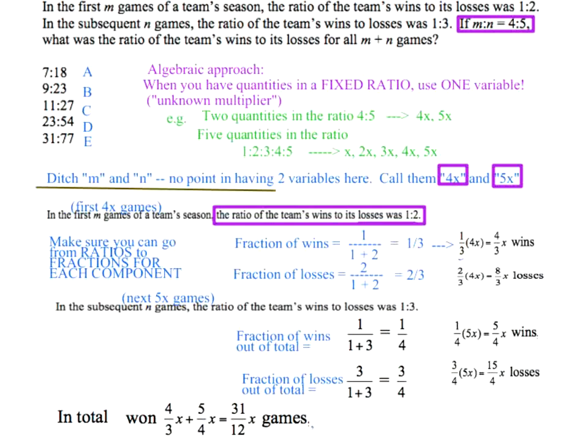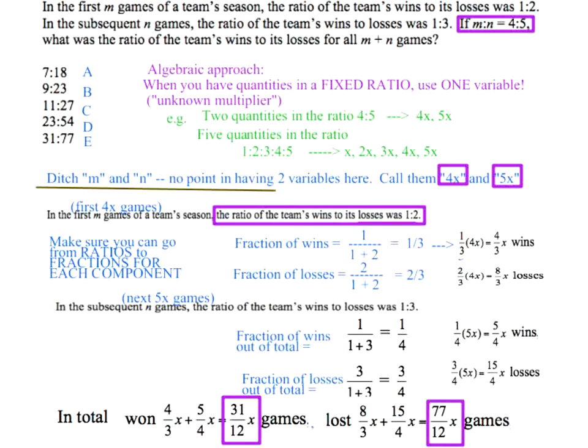You've got to just do that with the fractions. And then if you add up the losses, you get that. So you can probably tell that we're looking at a ratio of 31 to 77. If you have to put these over each other and cancel things, then you should do that. But it's 31x over 12 and 77x over 12. So that's a ratio of 31 to 77.